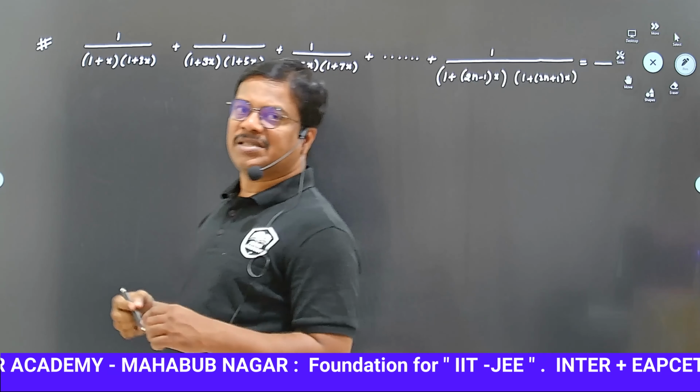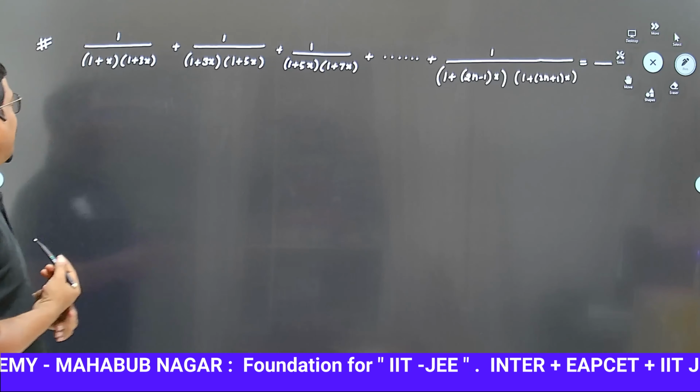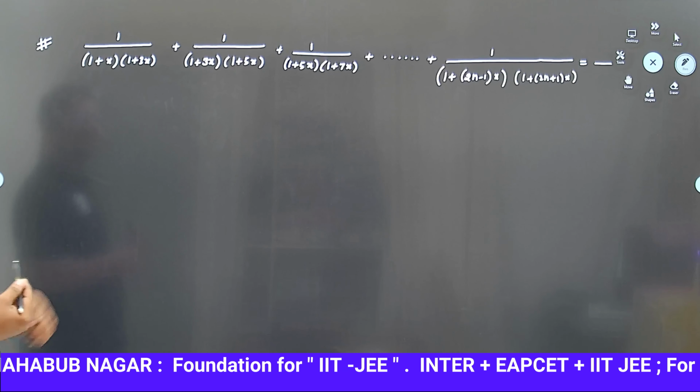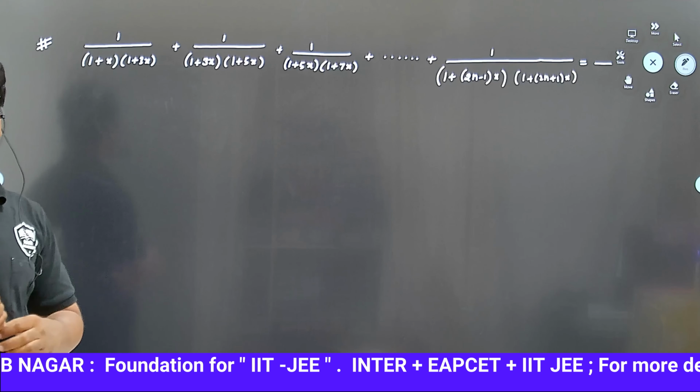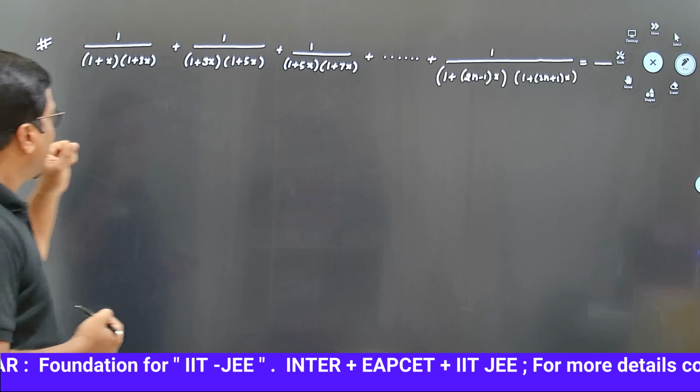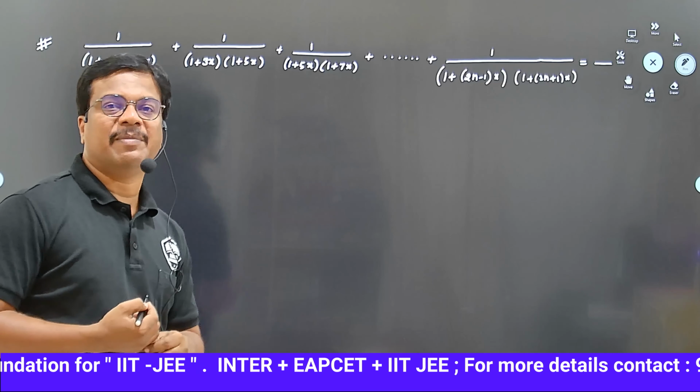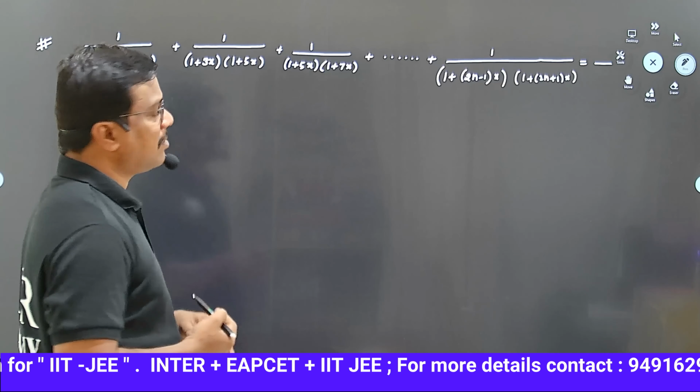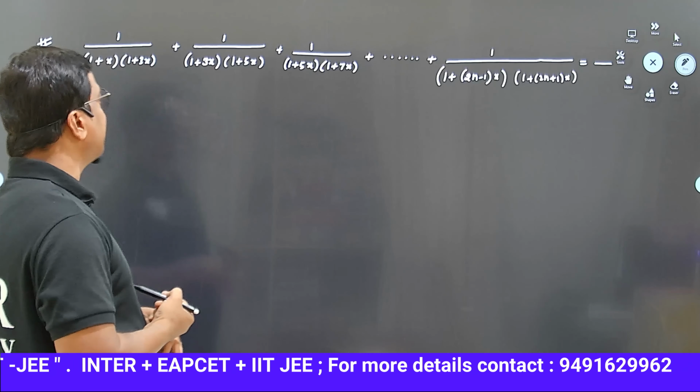Then what is the result? Observe. 1 by 1 plus x multiplied by 1 plus 3x, 1 by 1 plus 3x multiplied by 1 plus 5x, and so on. There are n terms.